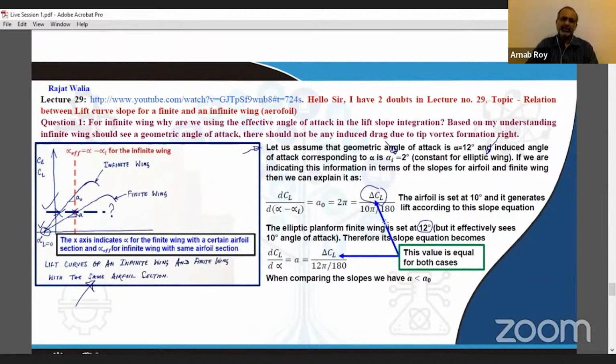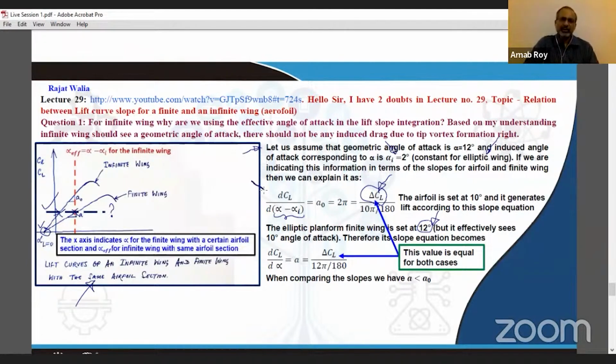So what is happening is that if we set the angle lower for the airfoil, even at that lower angle, we are able to manage the same lift, because though the finite wing is set at a higher angle, a few degrees are effectively going away from there through the induced effect.